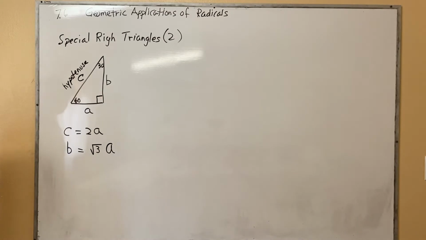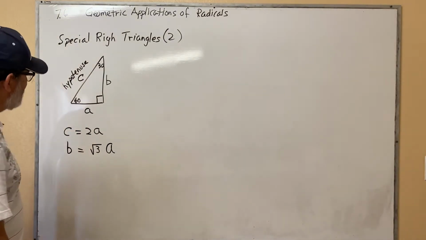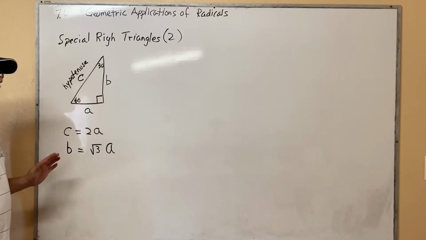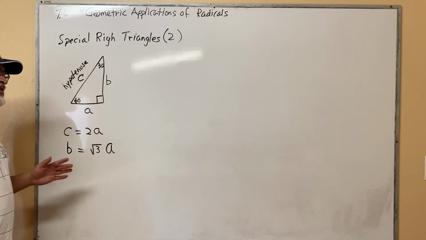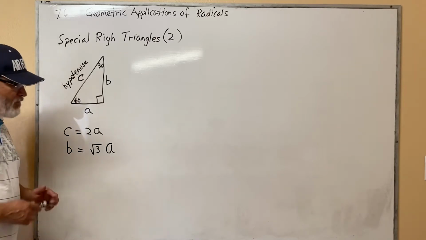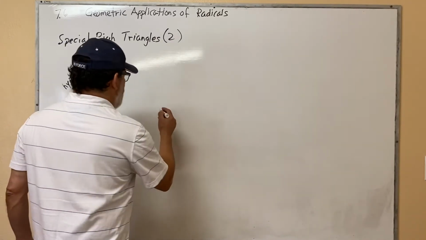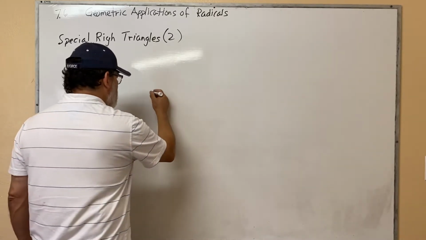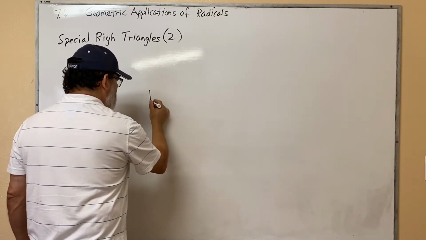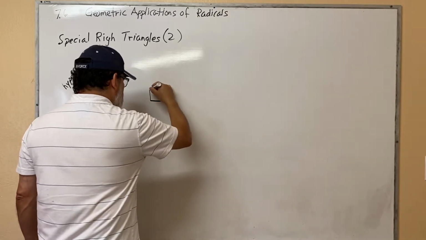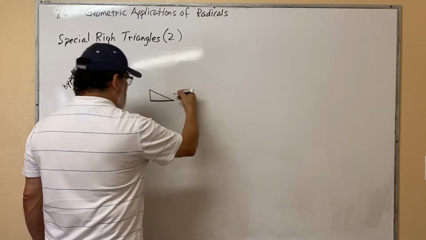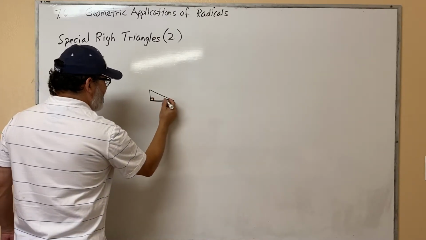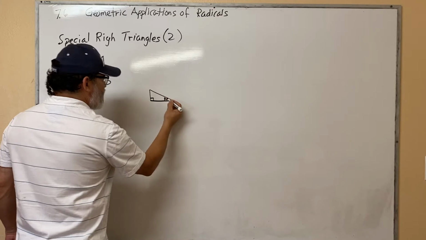All right. So look at this. Once we have this information, we can figure out any 30, 60, 90 right triangle. Watch this. So let me give you this one. Here is a triangle. And it's 30, 60, 90.